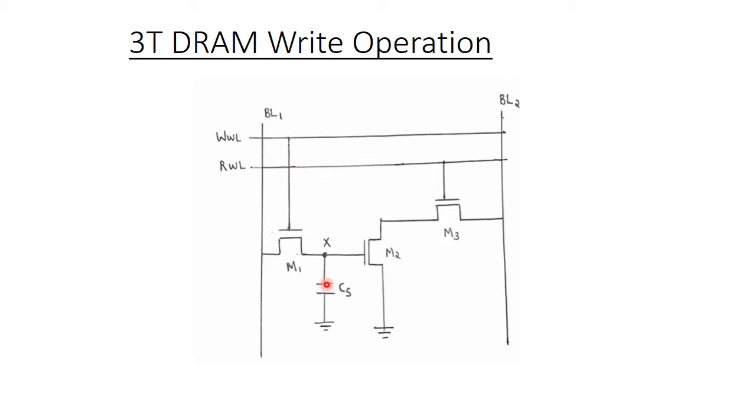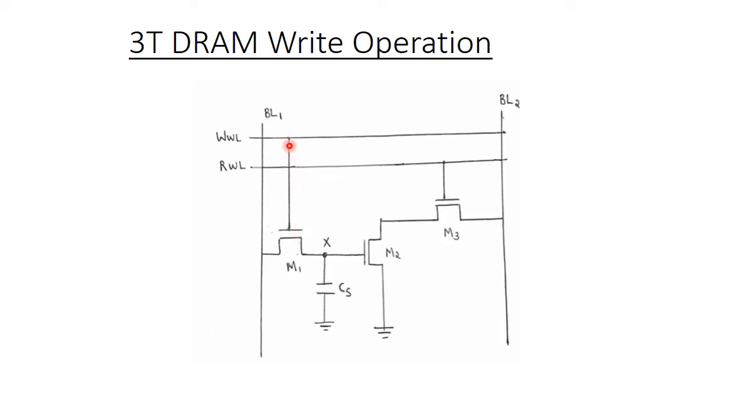Now regarding the second option, that is to write 0. Suppose we want to write a 0-bit value in the dynamic RAM structure, then we need to pre-charge BL1 to which value? We need to connect it to ground, or to 0 value. As BL1 is pre-charged to ground, what happens?